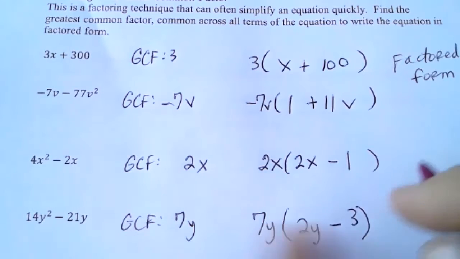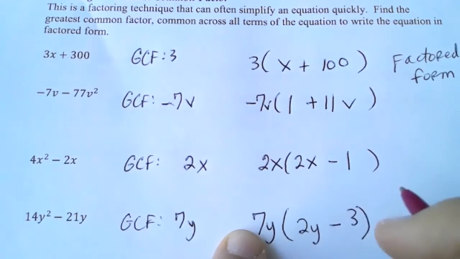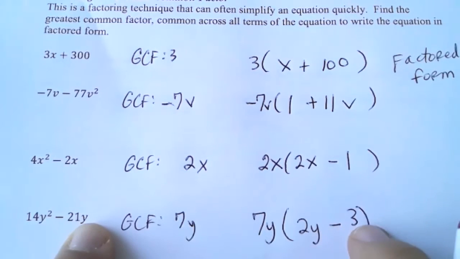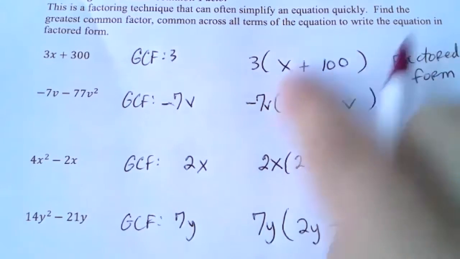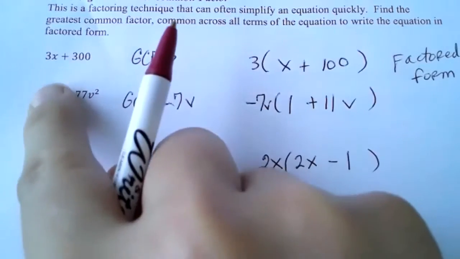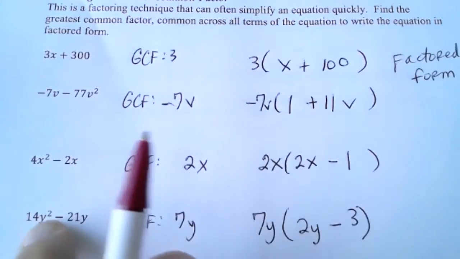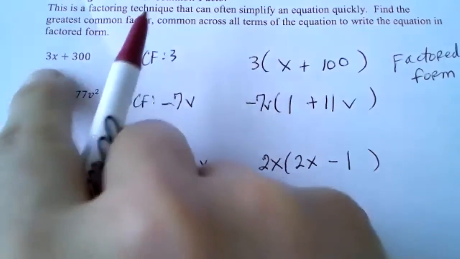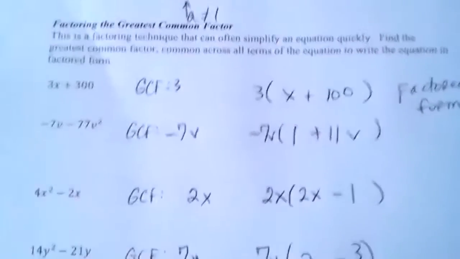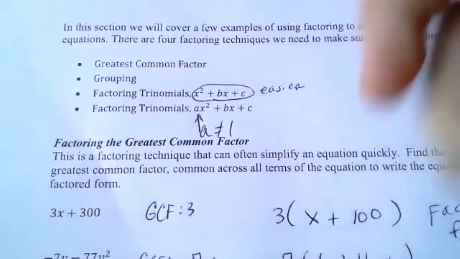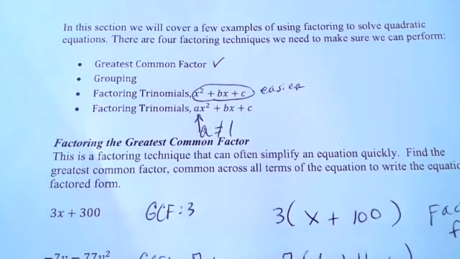That y goes away because I pulled it out, okay? It's minus 3y because I pull out a 7y. These are all factored forms of these binomials here. These are called binomials because they're two-term expressions, all right?